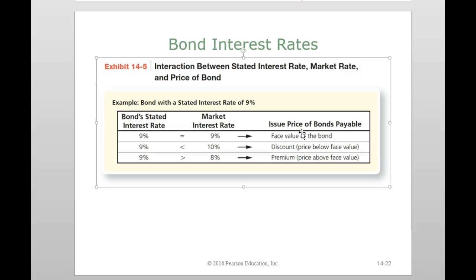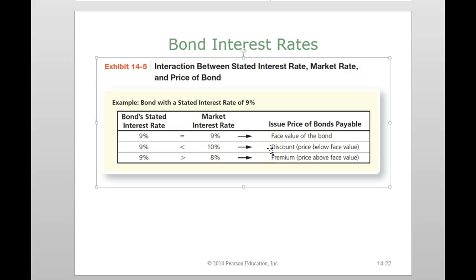Okay, that's the face value, what the bond is issued for. When the bond rate is 9% but the market rate is 10%, we have an issue, because if the market's at 10%, nobody wants to get a 9% bond. So you're going to have to discount that face amount to compensate for the difference in interest rate.